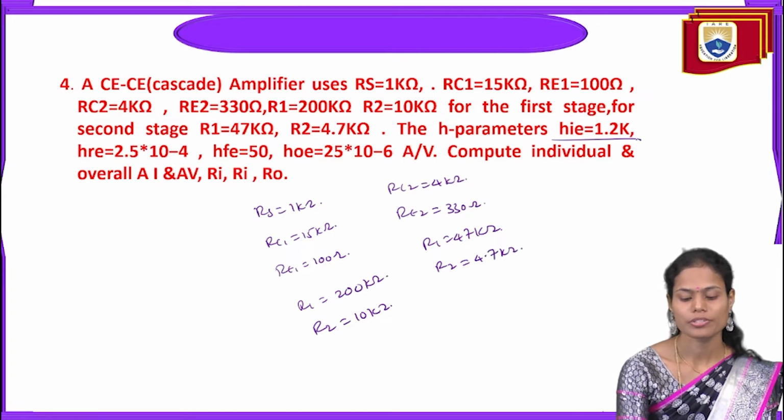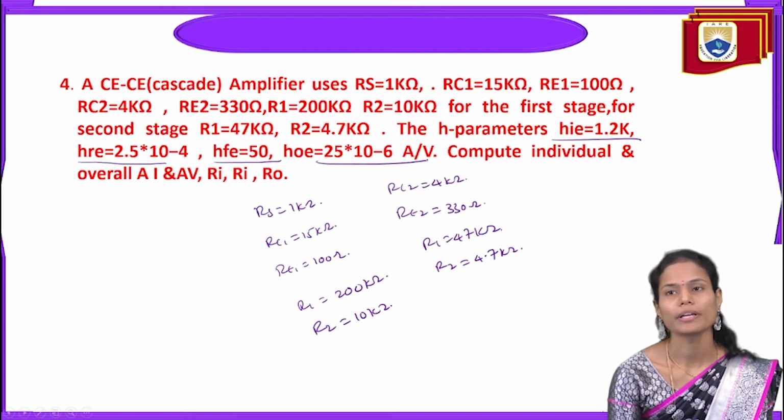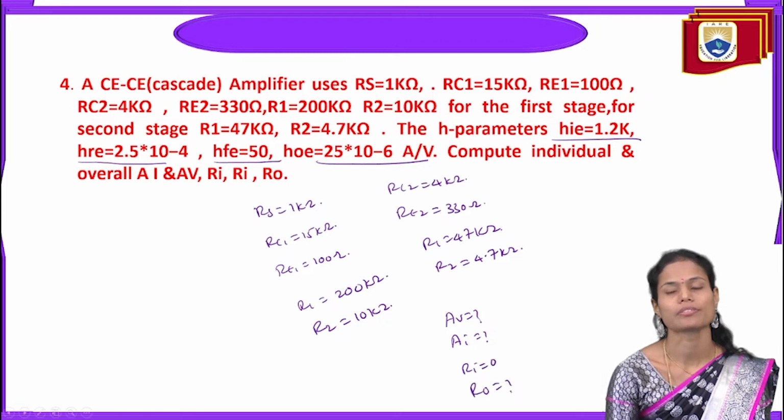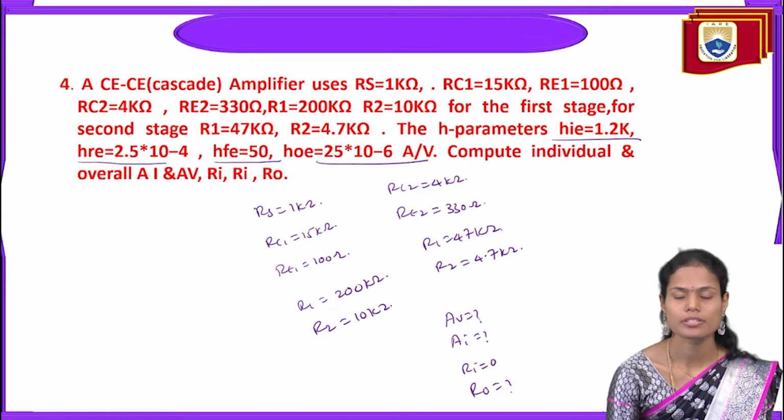And the H parameters are given: input impedance, reverse voltage gain, forward current gain, and the output admittance. For this problem also, we need to find the voltage gain, current gain, input impedance, as well as output impedance. So in order to solve this problem, we have to analyze the second stage first and then go with the first stage.